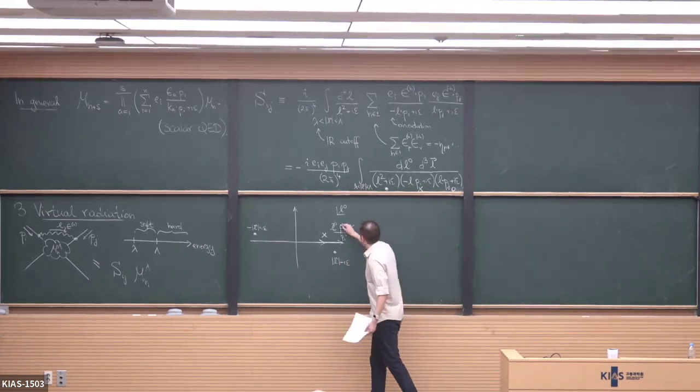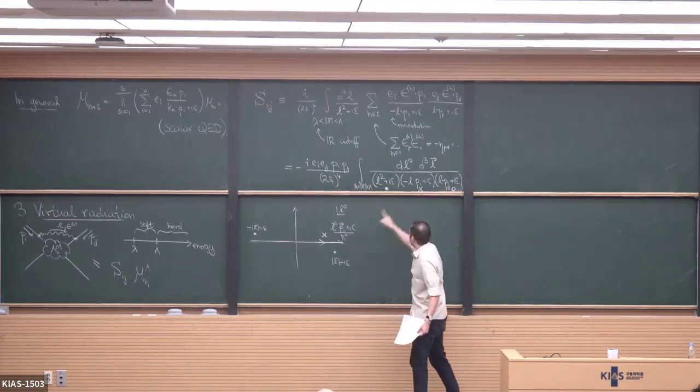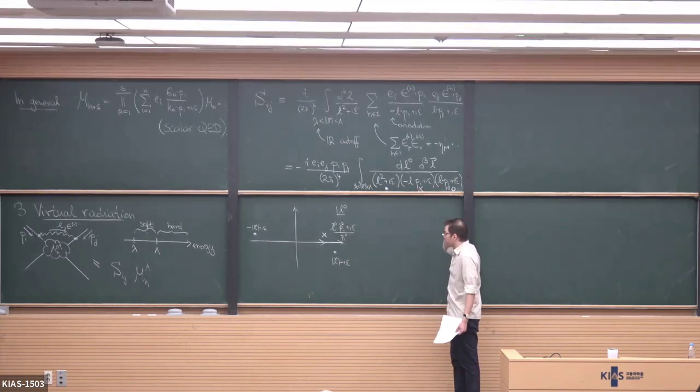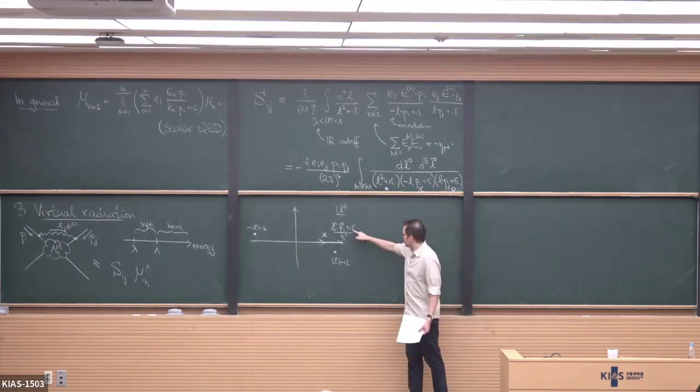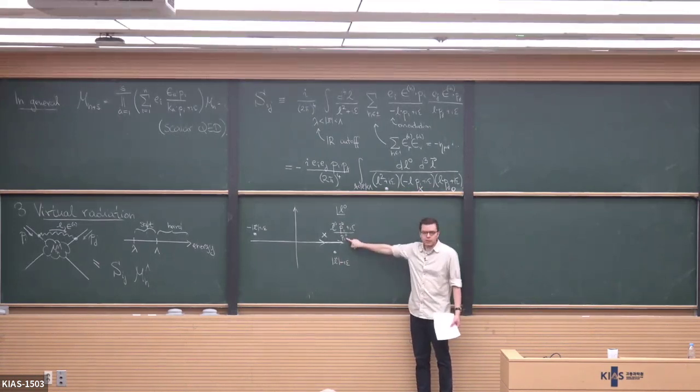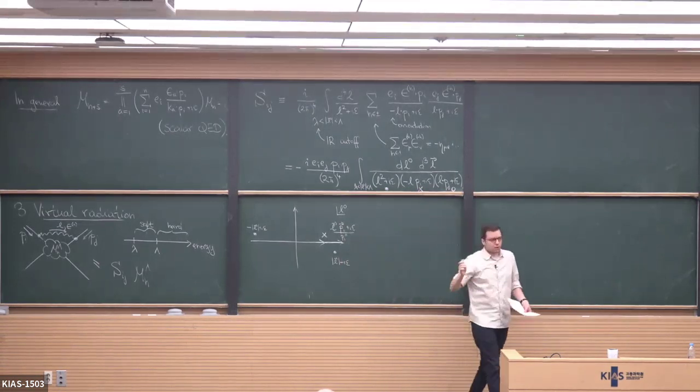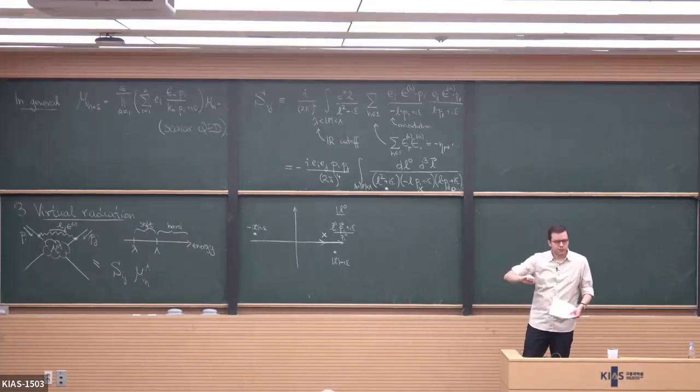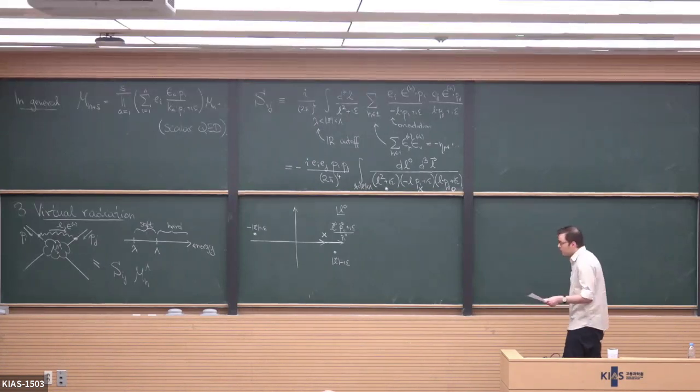So we see that this is just locating the pole of this factor. The i epsilon for this factor is i epsilon divided by the energy of the ith particle. The energy in our conventions could be positive or negative, depending on whether it's an incoming state or an outgoing state.